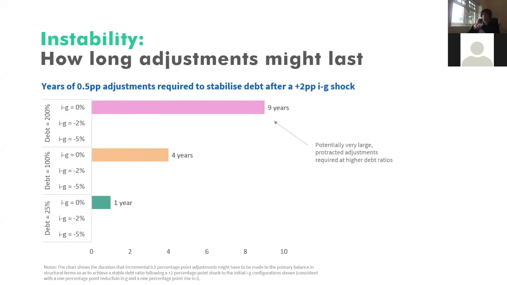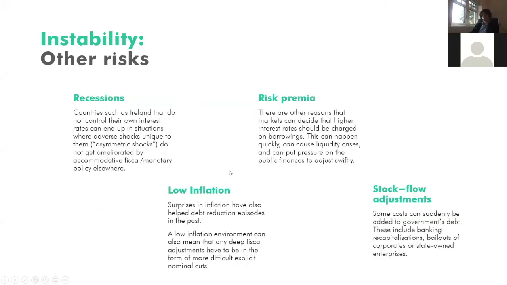Then we can look at the number of years that hypothetically you would have to do those adjustments to get your debt to stabilize. In the case where you're at a higher debt ratio and you have the same 2 percentage point shock to I minus G, it could take 9 years. Whereas at lower debt ratios, it takes much shorter periods of time to adjust. So there are potentially very large adjustments at higher debt ratios if things change.